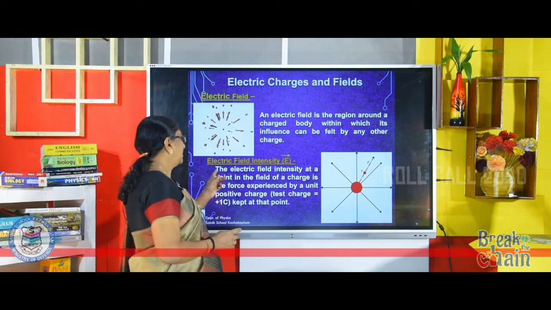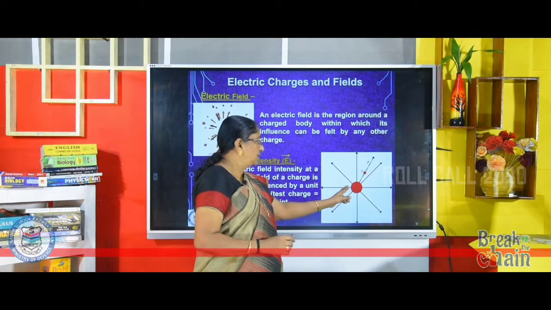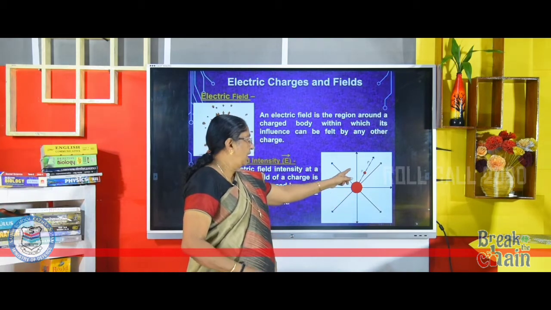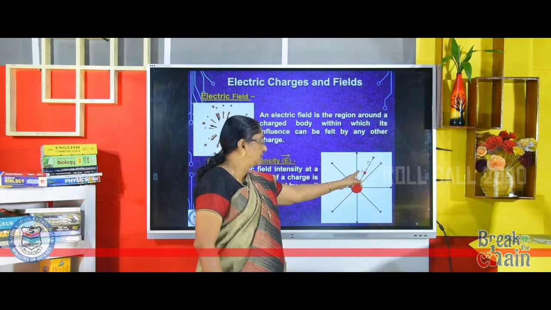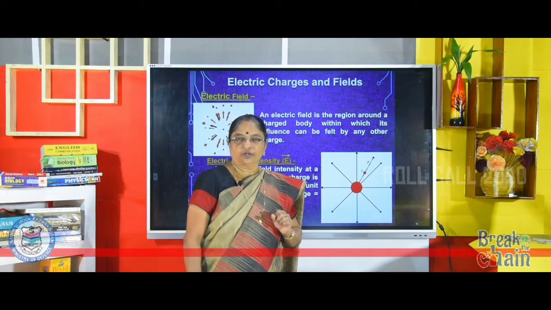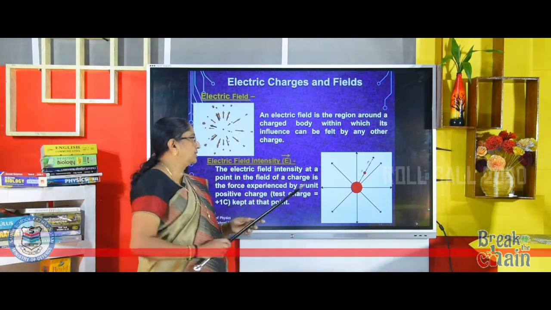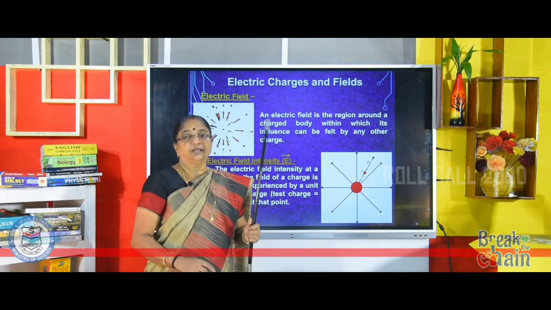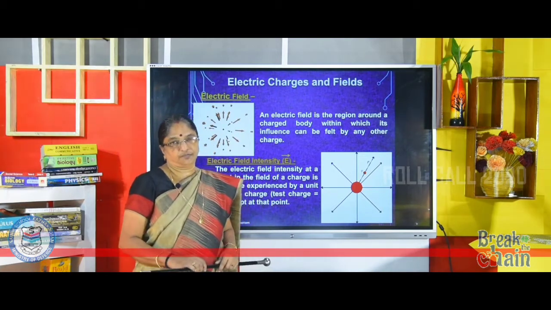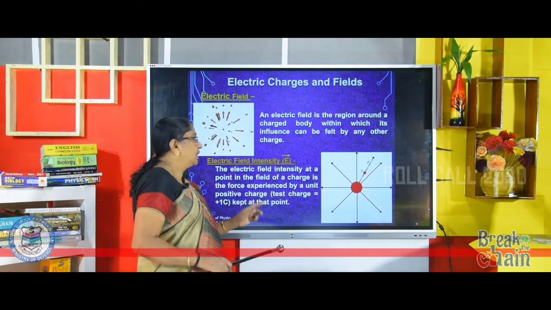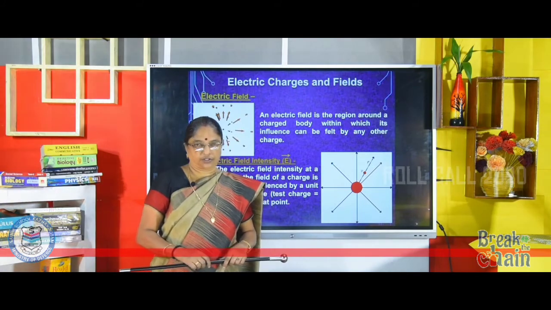And electric field intensity, say this picture, this is a positive charge, and I need to find the electric field intensity at P. So for finding the electric field intensity at P, we keep a test charge. Test charge means plus 1 Coulomb charge.